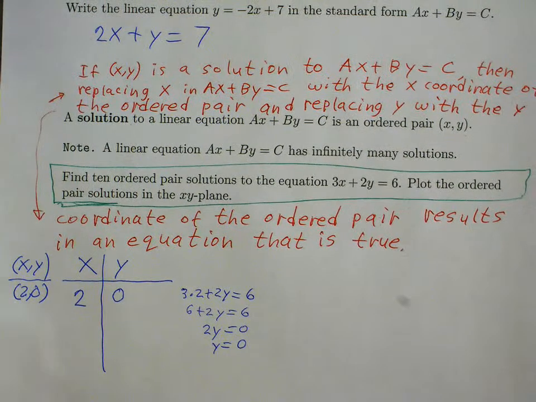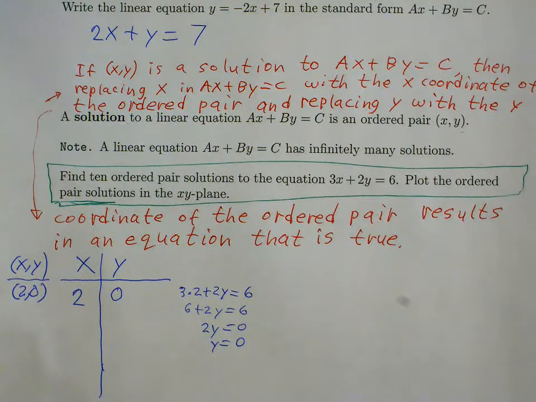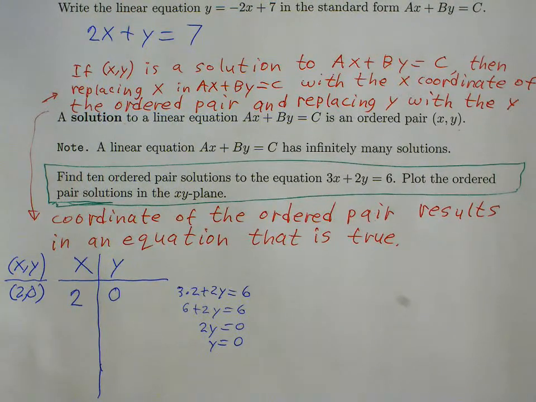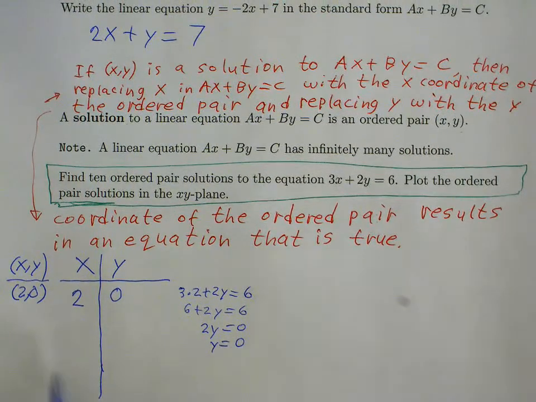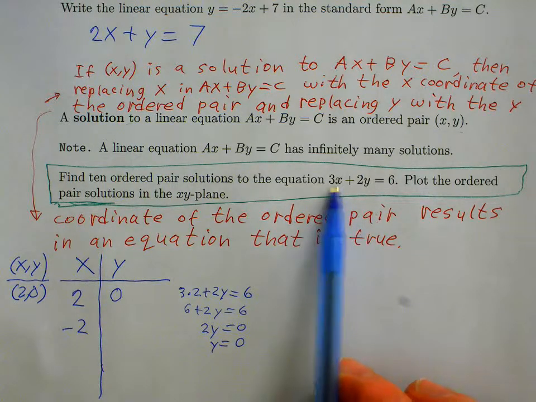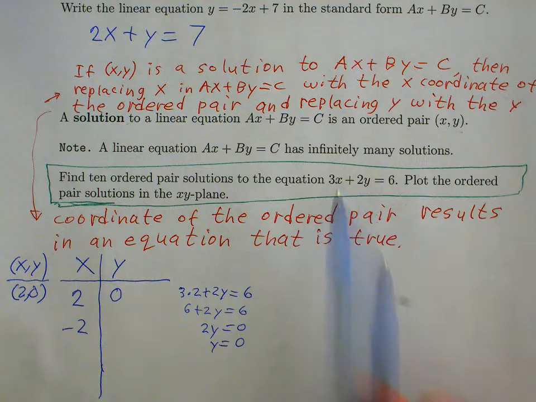Maybe we won't find 10 because we do want to do some other things. But let's find a couple more. This time I'll pick x to be negative 2. And then in the equation, replace x with negative 2.